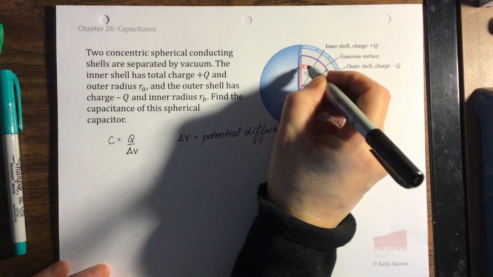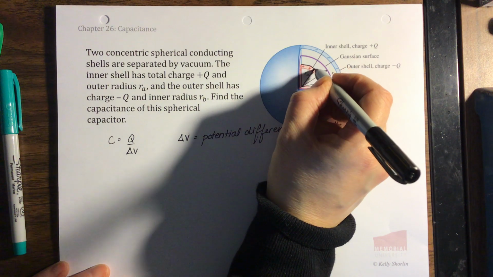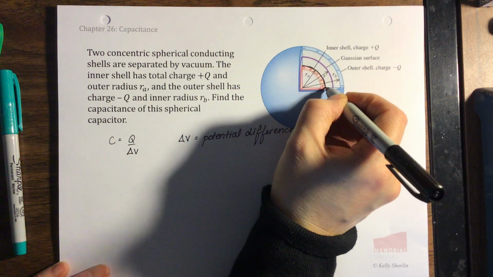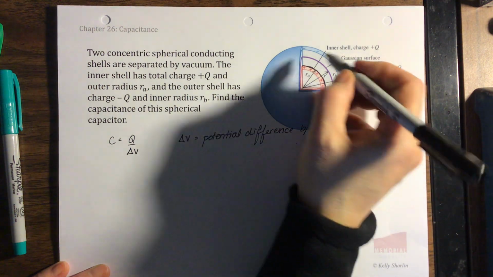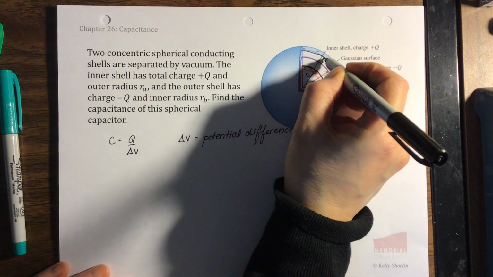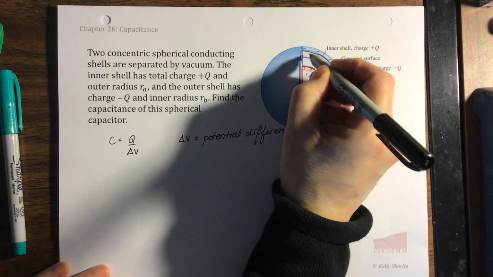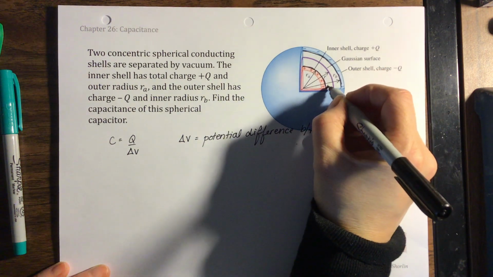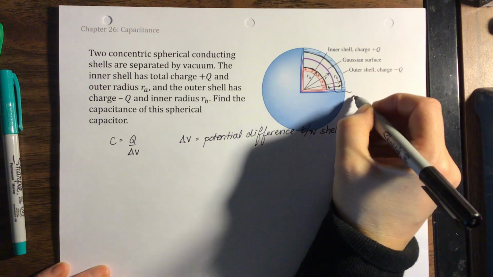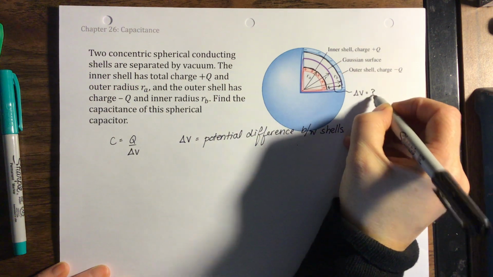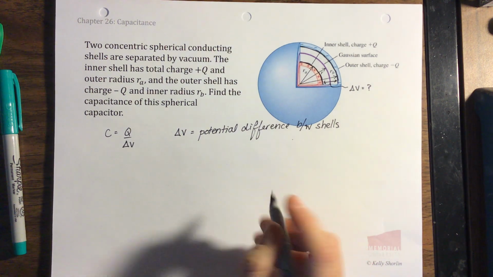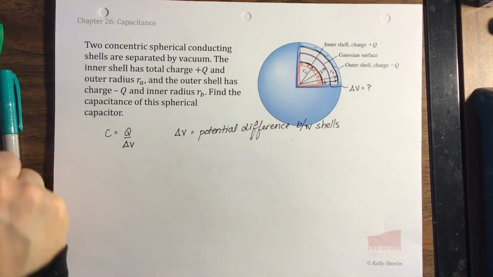By between the shells, we mean between the outer surface of that inside shell, so between here, and the inner surface of the outside shell. So delta V is the potential difference between those two spots. Delta V equals. Okay, now we have to throw ourselves back to Gauss's law momentarily.